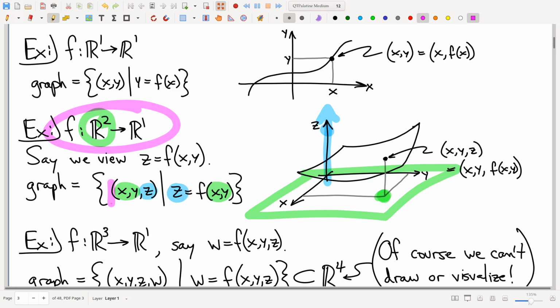And this fairly unnatural ordered triple, totally analogous to what we did up here, is a point on our graph. And it'd be about like that. And again, this is just one point on the graph. We're going to repeat this process for every point in the domain. The domain is the entire XY plane down here. It's a two-dimensional plane of points.